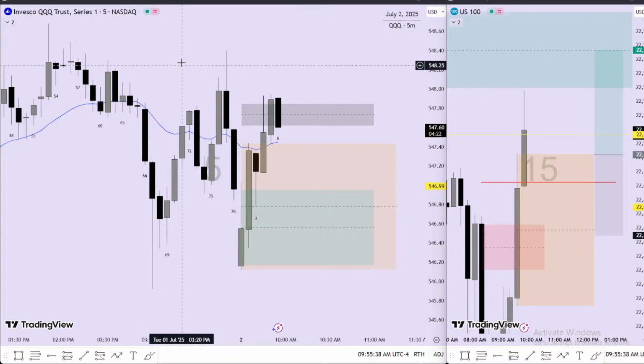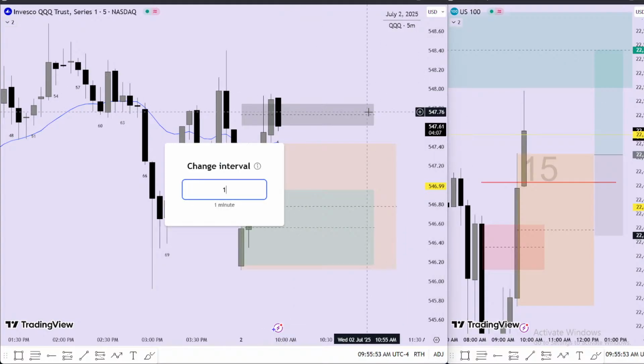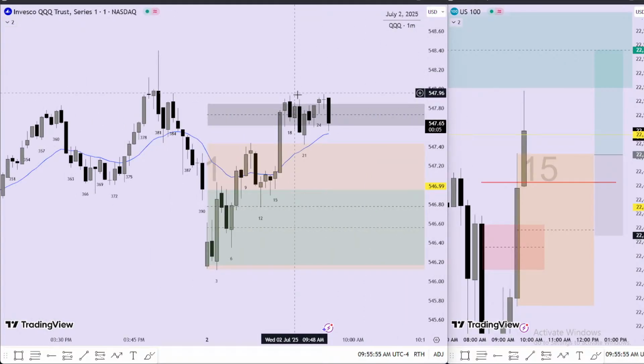Last candle of the hour and the 15 minutes. Failed bear flag on the 1 minute. This is what I was talking about.